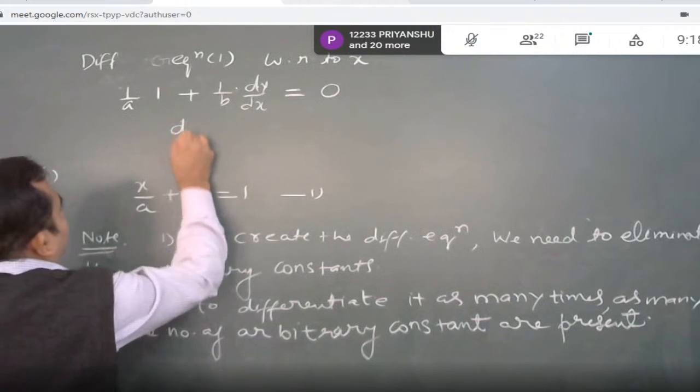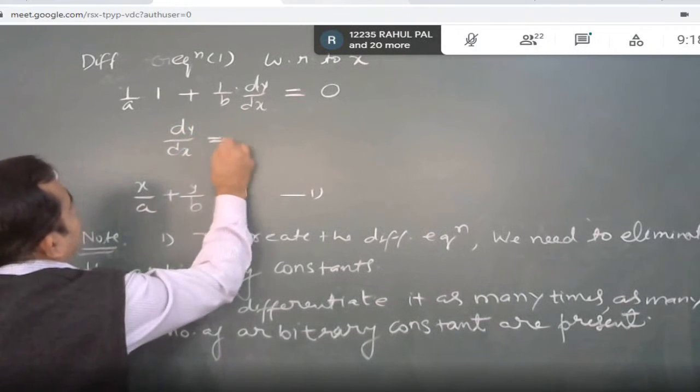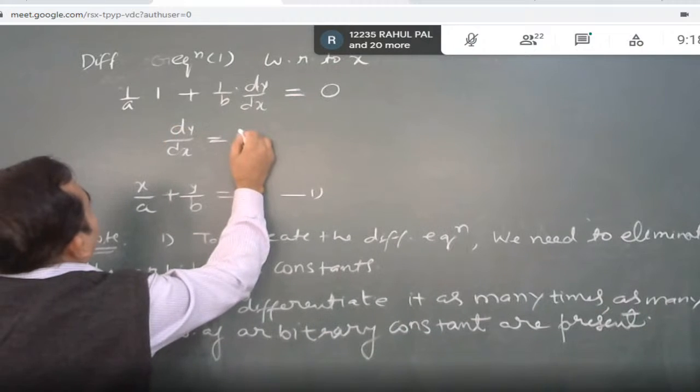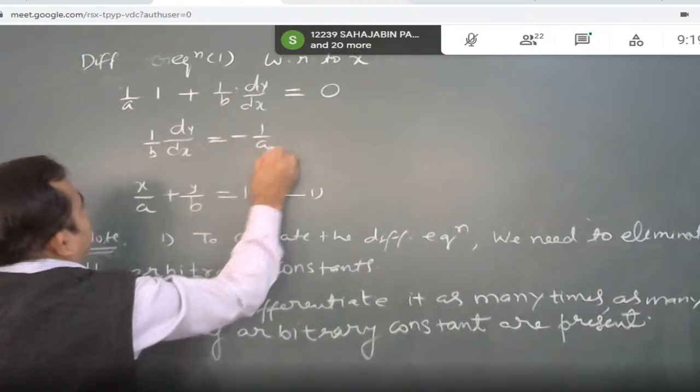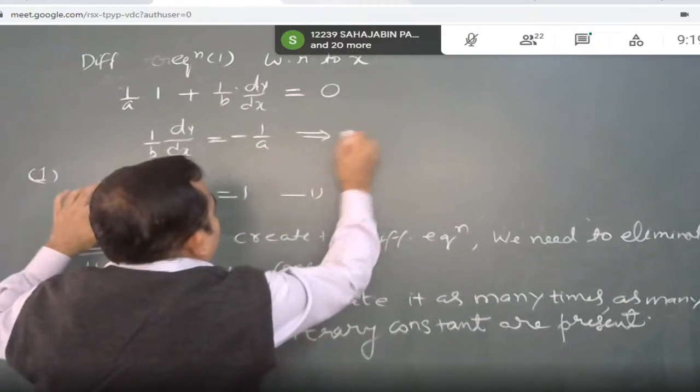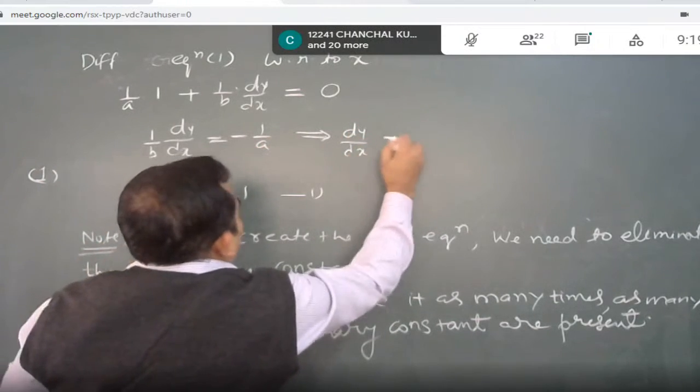First, let us do dy upon dx. I think this will be minus b upon a. dy upon dx will be minus b upon a.